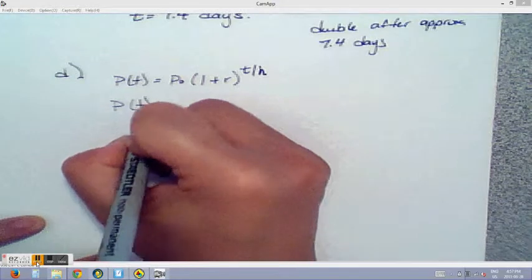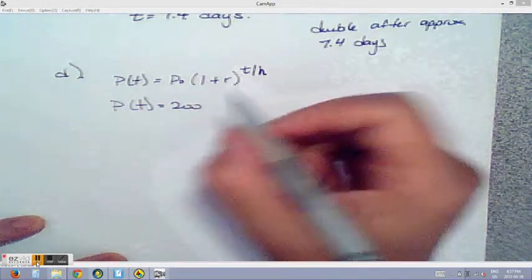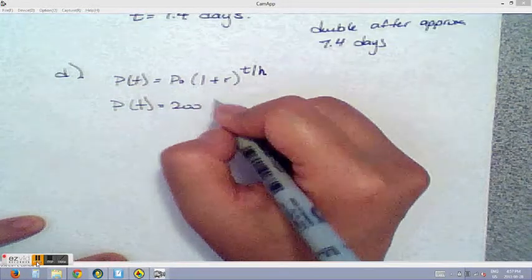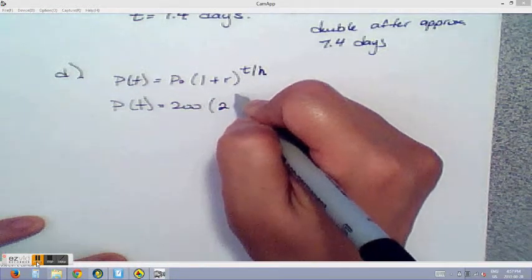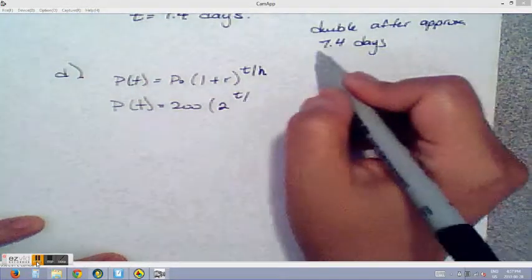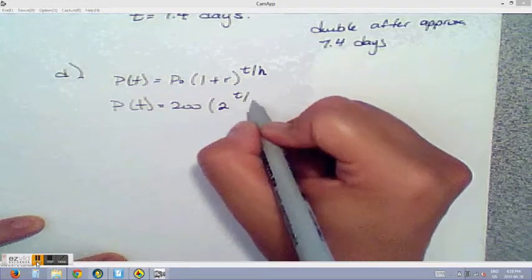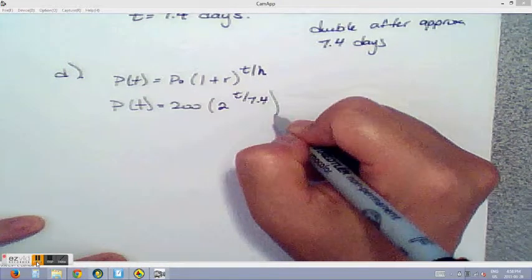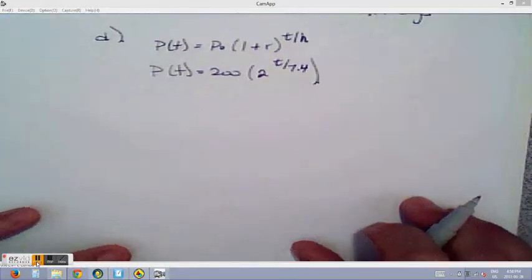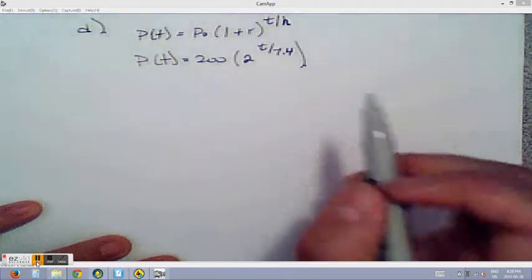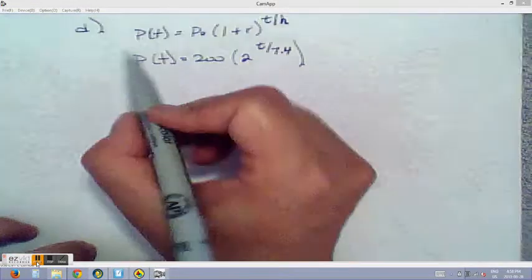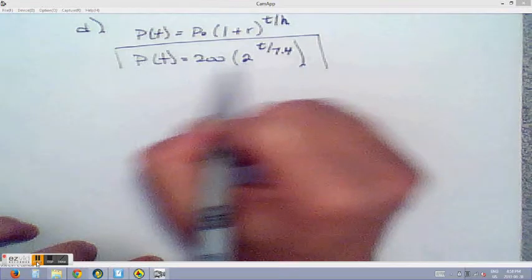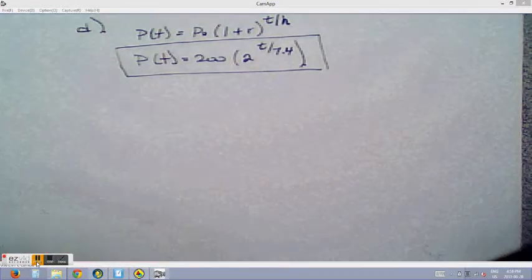So in this case, P of t is then 200, and we're going to use the base 2, so it's doubling time, so we can say 2 to the t all over, well, we know now that for it to double, it takes 7.4 days. There you have it, and that is how we would express the function with base 2. And that concludes it.